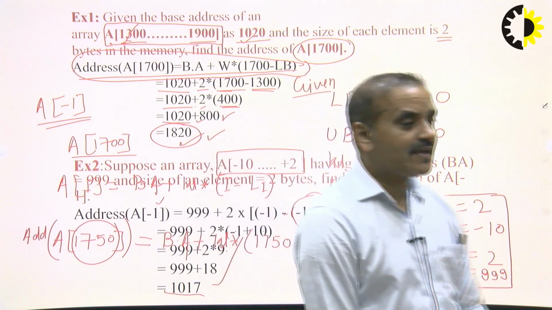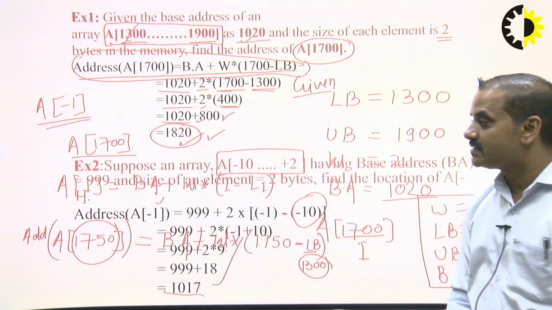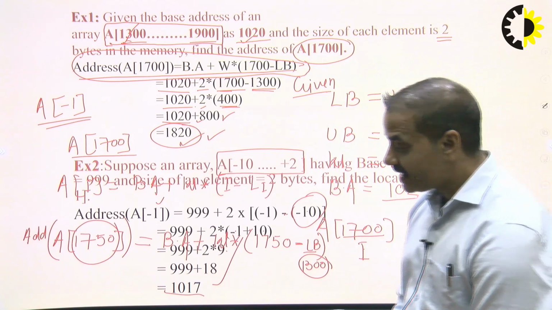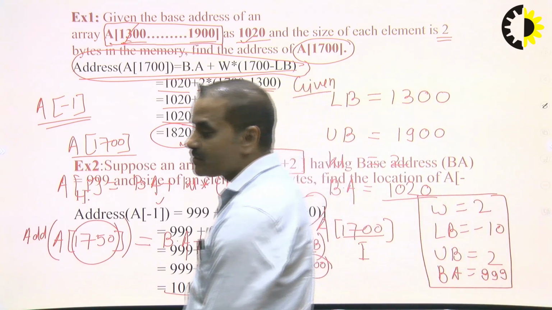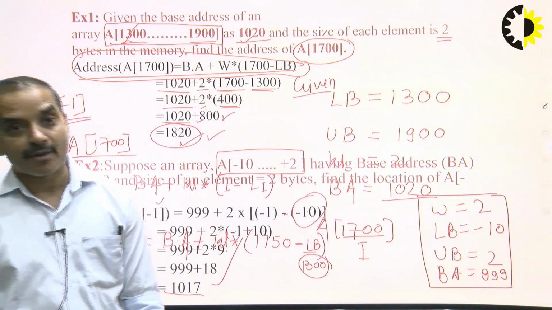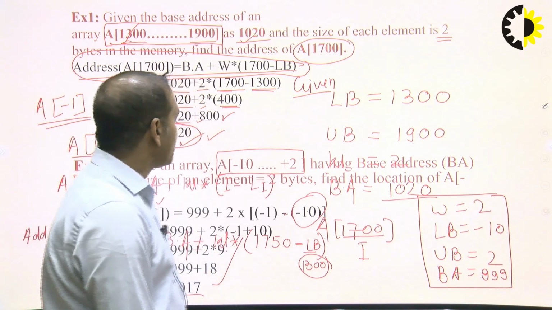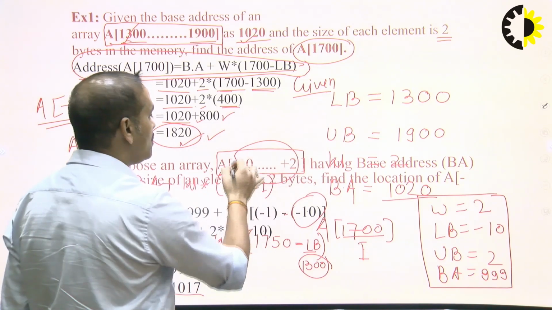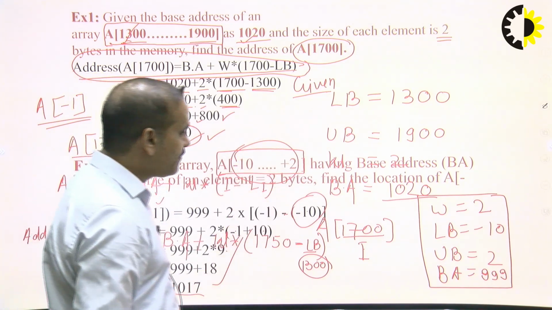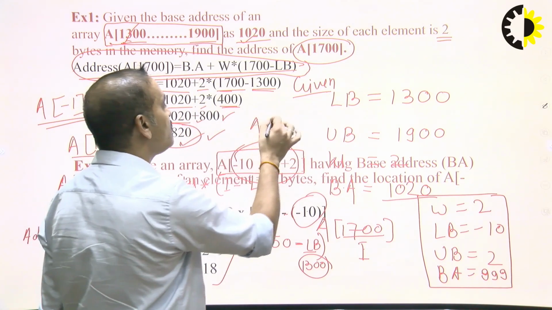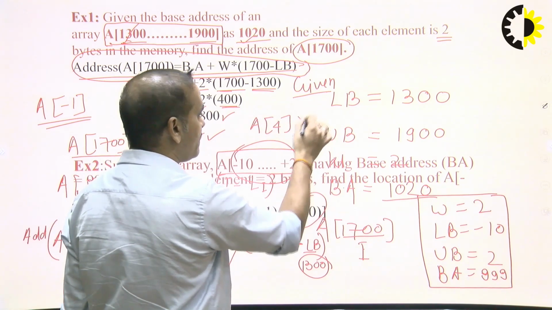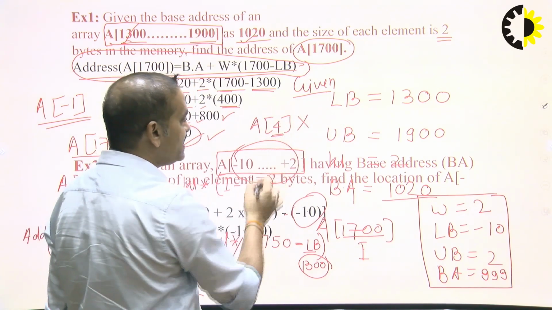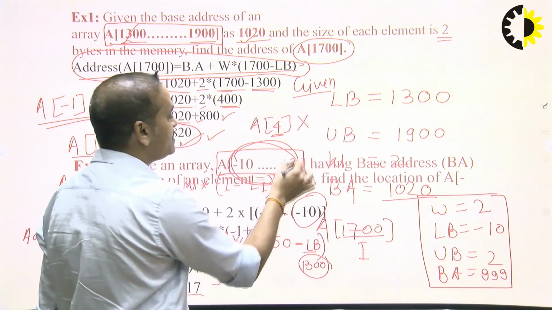So we have calculated the address of any location which is given in the array, and the index must be between the lower and upper bound. If we want to calculate the address of A4, then we can't, because 4 does not belong to the given range of the array.